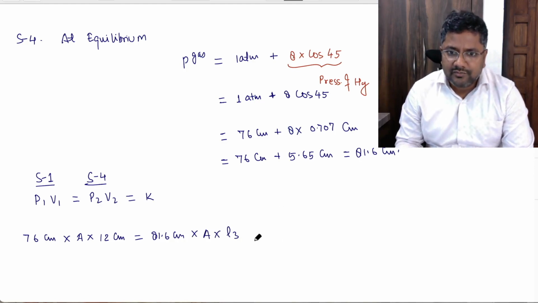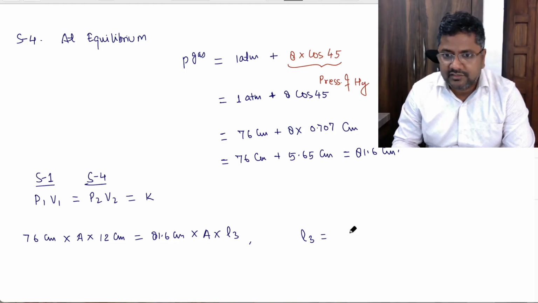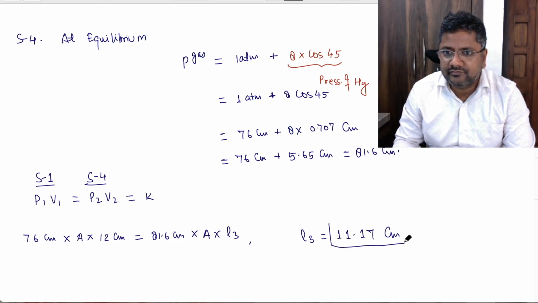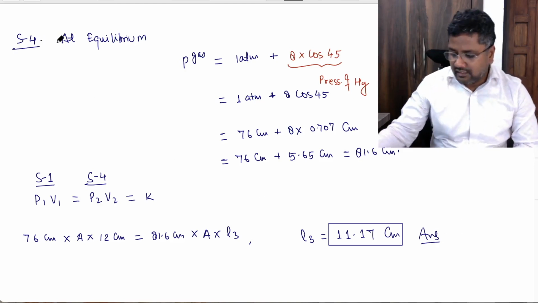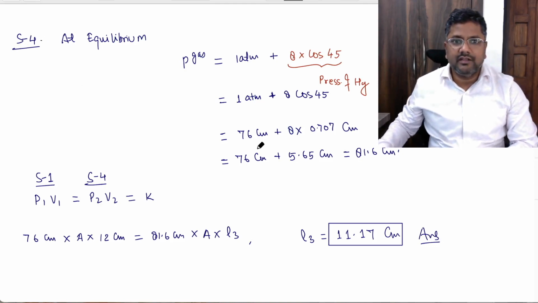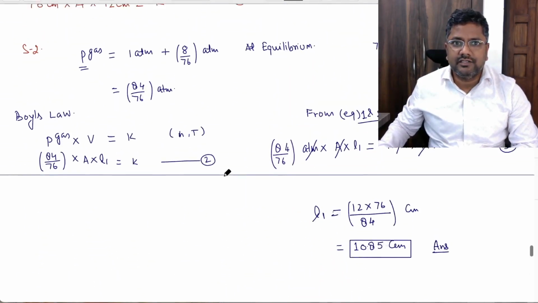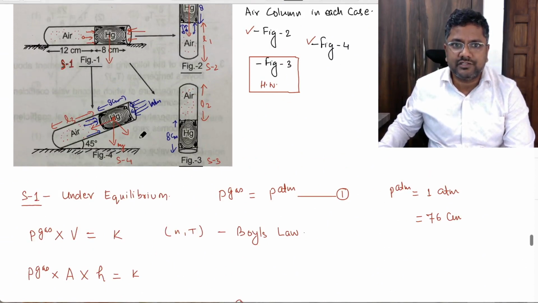So if you calculate from here, L3 is equal to 11.17 centimeters, right? And this is the answer. So this is the length of air column in state 4.